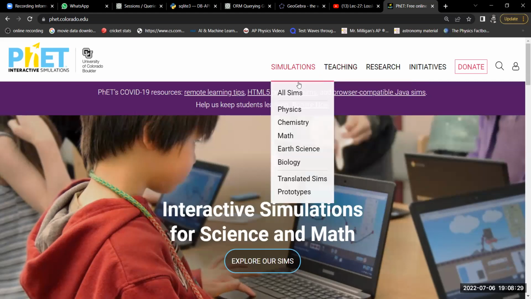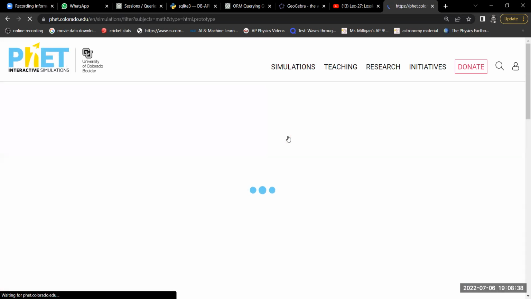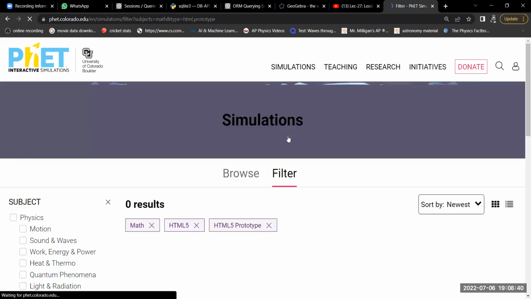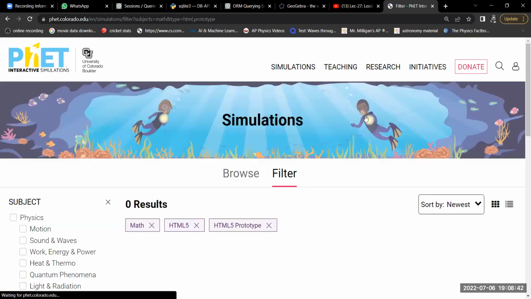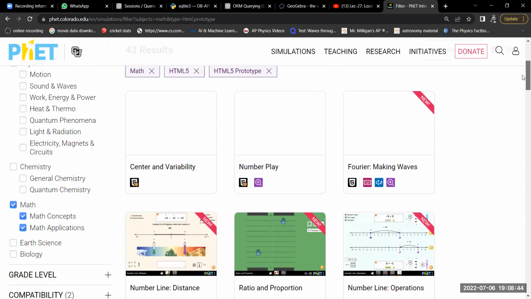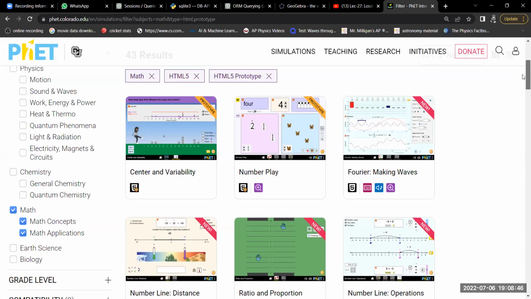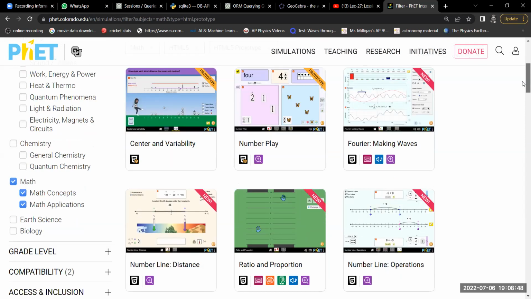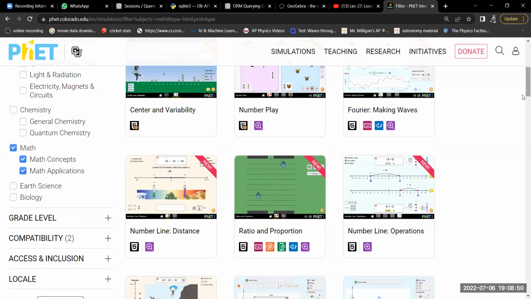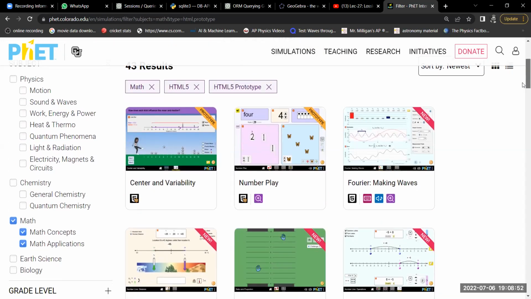So you can see, if I click simulation, you can see physics, chemistry, maths. Let's go to maths. Let's see if we have some vector or not. So in maths, we have motion, maths application. Okay. Yeah, it's really nice.